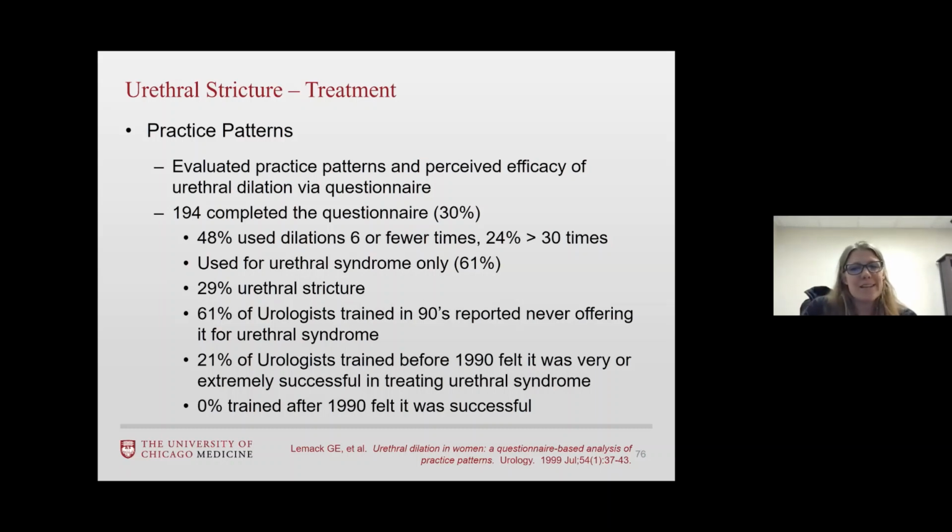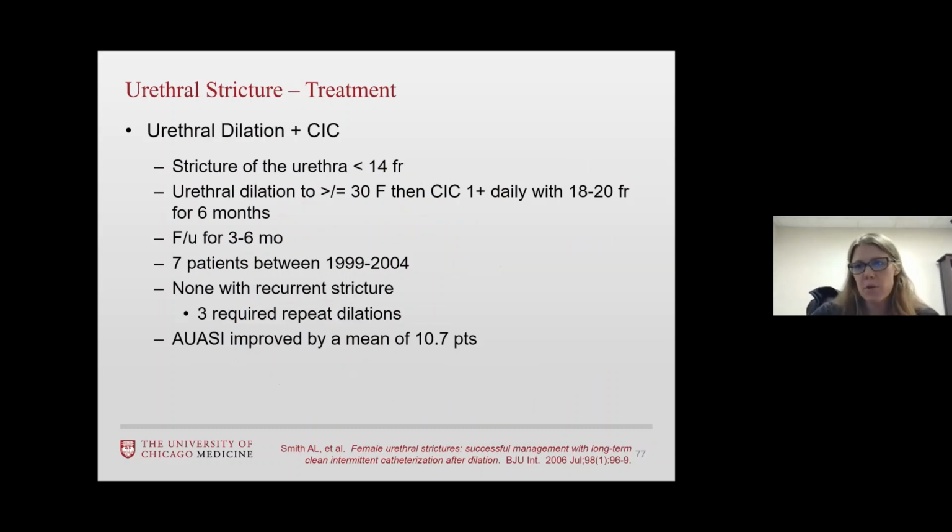But interestingly, 61% of urologists trained in the 90s reported never offering it for urethral syndrome, whereas 21% of urologists trained before 1990 felt it was very or extremely successful in treating urethral syndrome, and 0% trained after 90 felt it was successful. So I think people are doing much less of this now, which is good because hopefully we'll reduce the risk of urethral strictures for women.